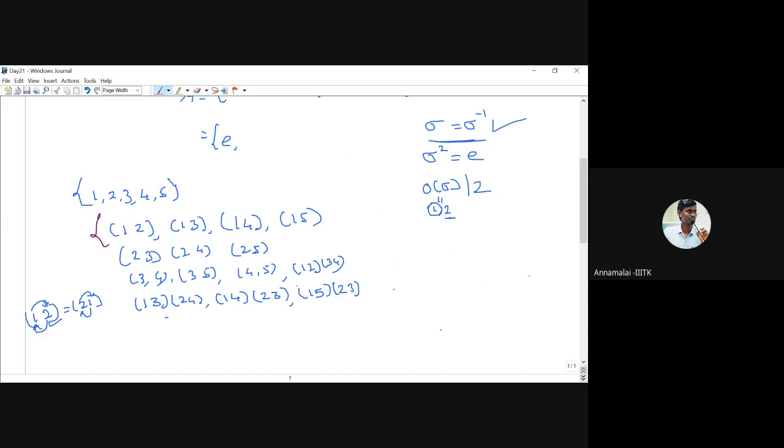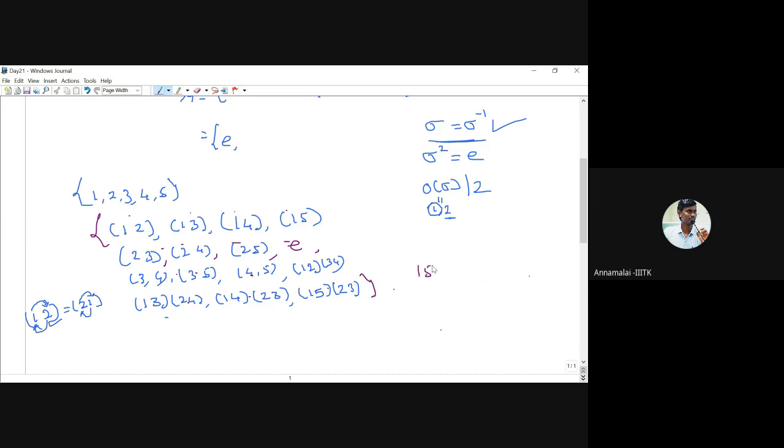Then we have to include the identity element also, which satisfies the condition e equals sigma equals sigma inverse. So totally how many permutations satisfy sigma squared equals identity? 1, 2, 3, up to 15. So far we get 15.